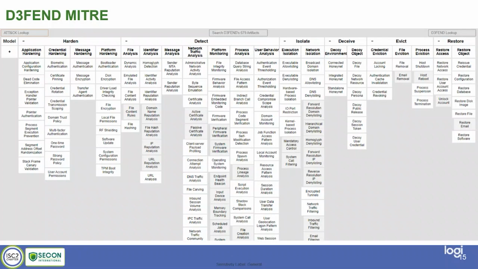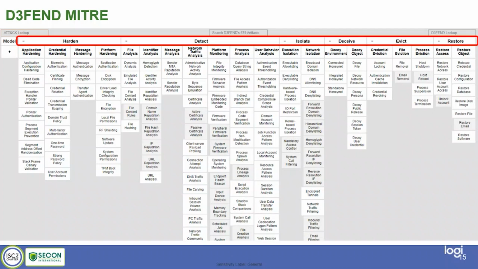D3FEND is a security countermeasures knowledge graph. The highest classification in the hierarchy is tactics. Each tactic represents a defensive objective related to a given stage of the attack. Within tactics are techniques and sub-techniques that describe the methods used to achieve the tactics' goals, including references to industry standards and security tools.